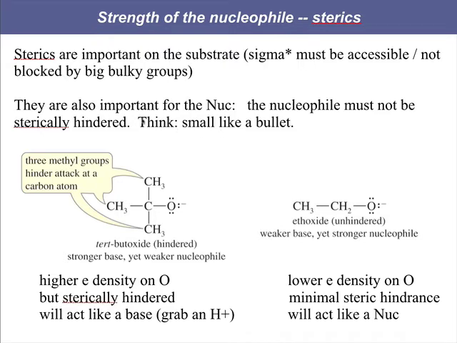We want our nucleophile to be small like a bullet, or long and kind of narrow like an arrow. Something that can very easily sneak its way into that antibonding orbital and miss those groups on the carbon that may or may not be blocking that antibonding orbital.